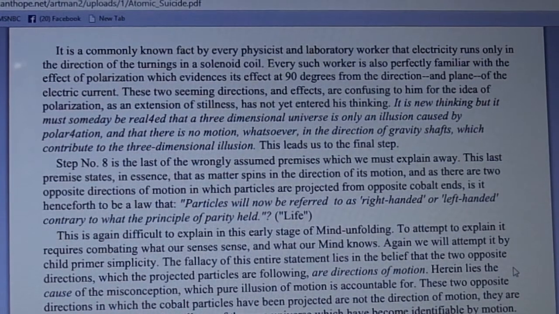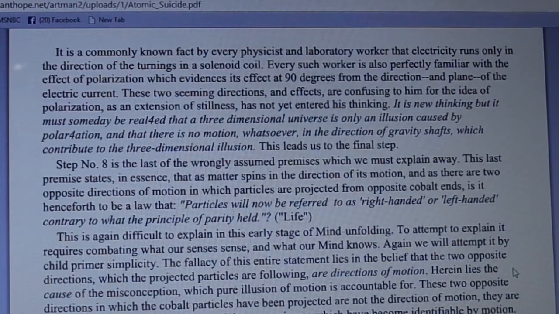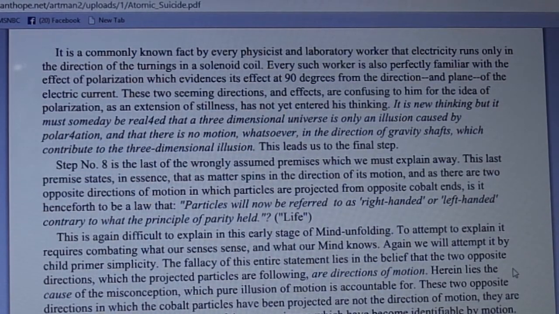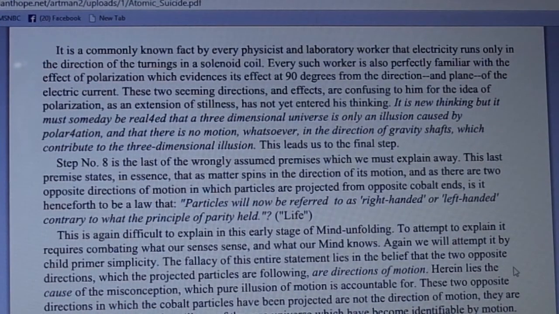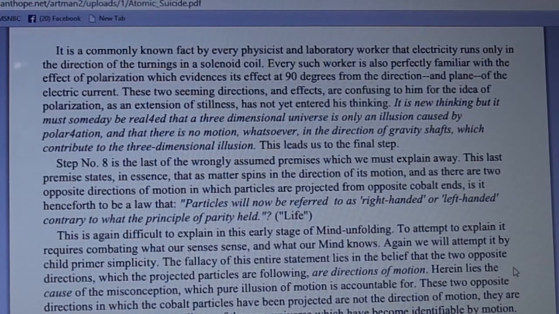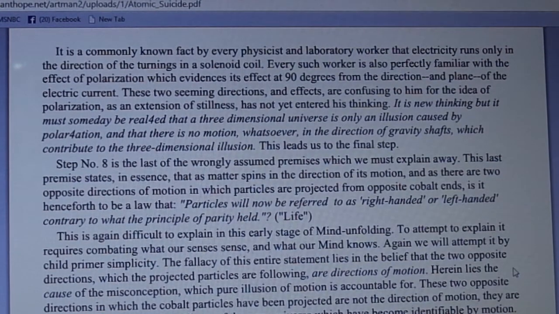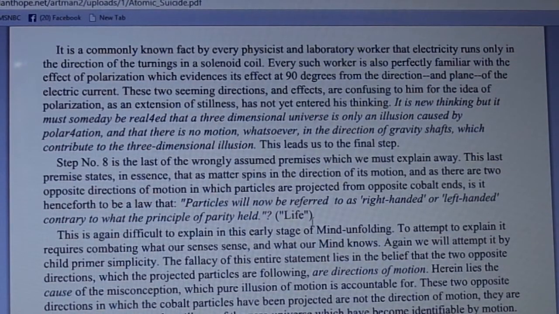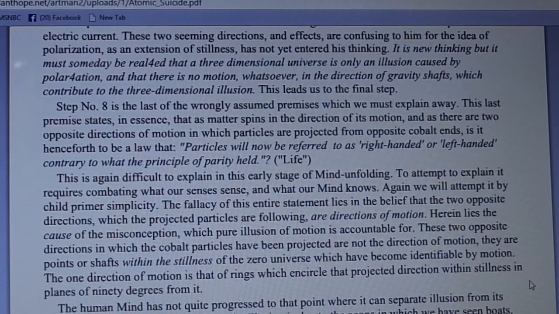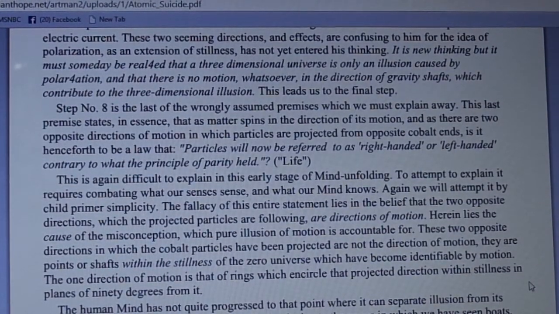This last premise states, in essence, that as matter spins in the direction of its motion, and as there are two opposite directions of motion in which particles are projected from opposite cobalt ends, it is henceforth to be a law that particles will now be referred to as right-handed or left-handed, contrary to what the principle of parity held. This is again difficult to explain in this early stage of mind unfolding.